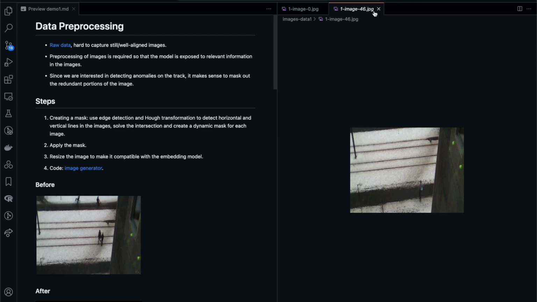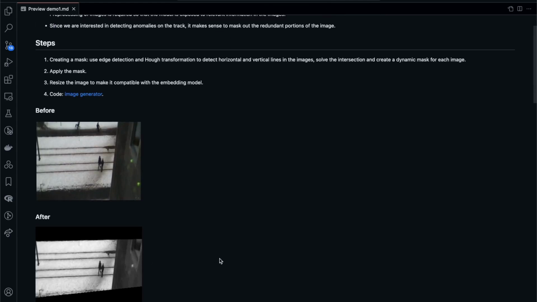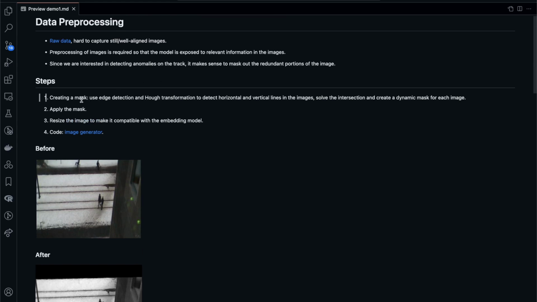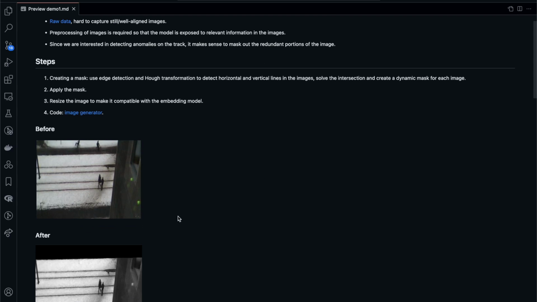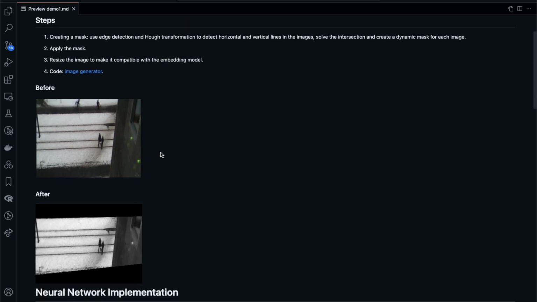So we try to transform each image so that we just end up with relevant portions of images like these. And the way we do that is create a mask, use edge detection and Hough transforms to detect horizontal and vertical lines in the image, and then solve the intersection points, and that would give us a mask which we would then apply on the image, and then we would have to rescale the image so that it's compatible with the embedding model.